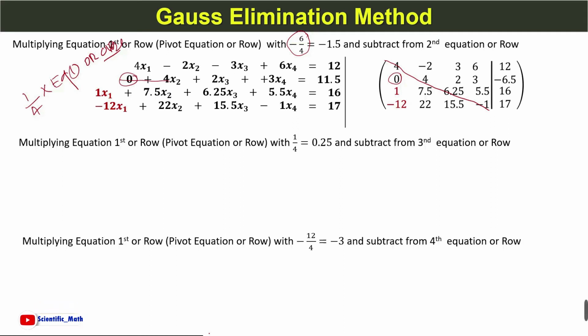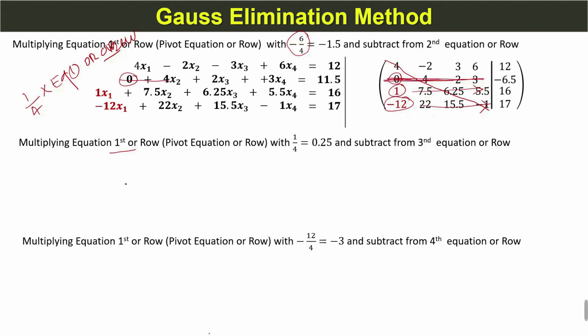Multiplying equation 1 or row 1, that is the pivot equation or row, the next pivot equation is this one. Similarly, when we eliminate this term the pivot equation becomes this one, and when we eliminate this one the pivot equation will be this one.